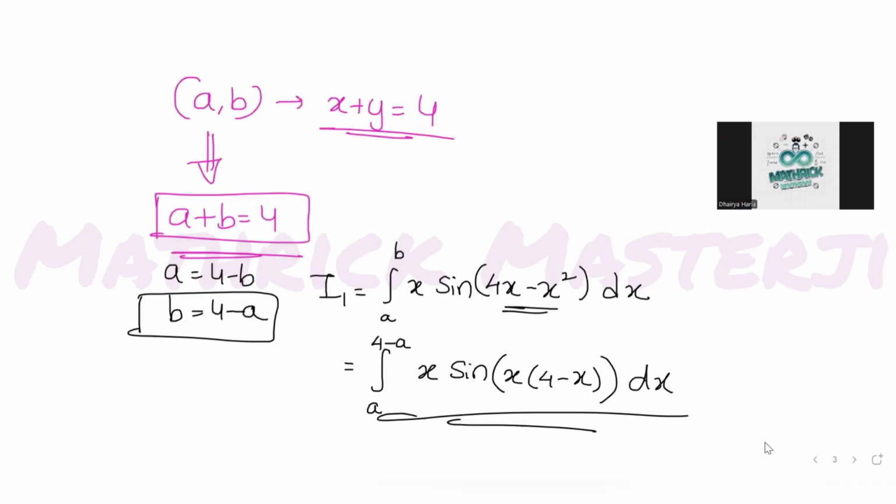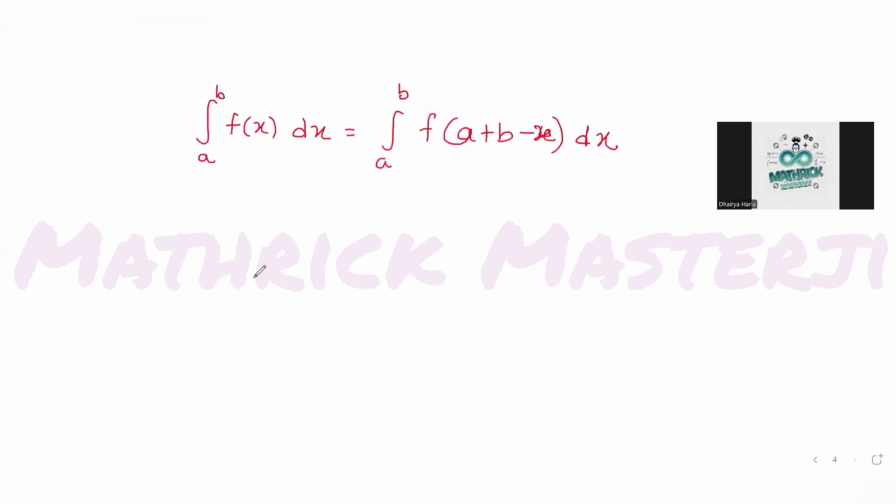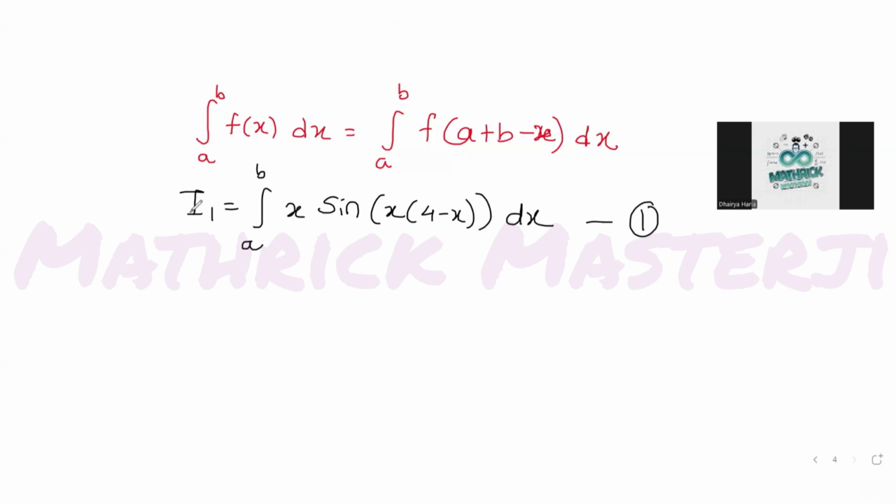Instead of writing 4 minus a here, let's keep the limit as b only, keep it the same. So I know I1 is the integral from a to b of x sine of (4 minus x) dx. Let's say this is 1.